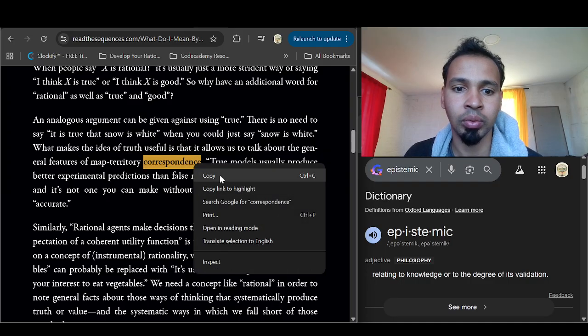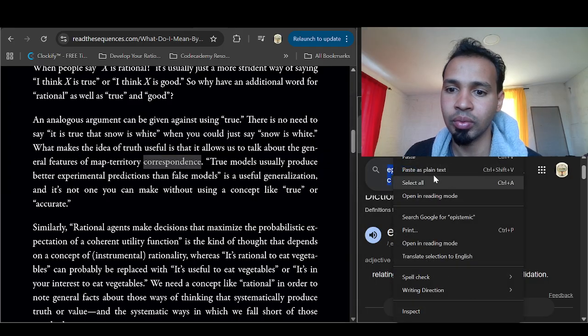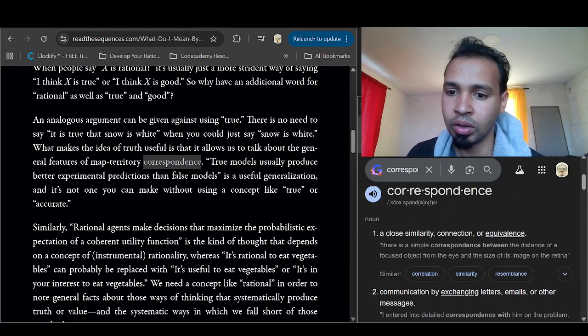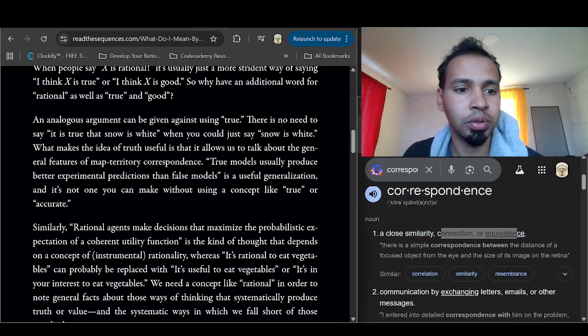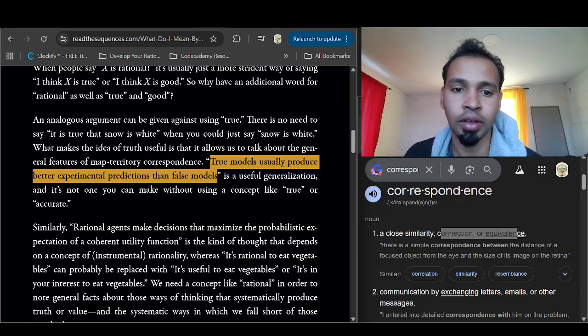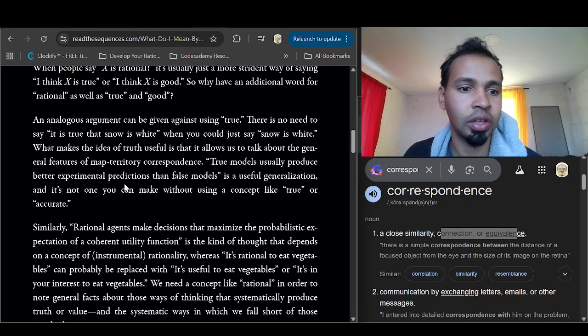And to be clear, what is correspondence? Presumably what corresponds to something, a close or similar connection or equivalence. True models usually produce better experimental predictions than false models. Okay, now I would agree with that. It's a useful generalization, and this could actually be a math statement. It's not one you can make without using a concept like true or accurate.